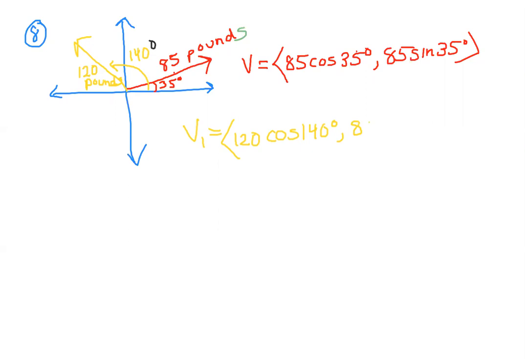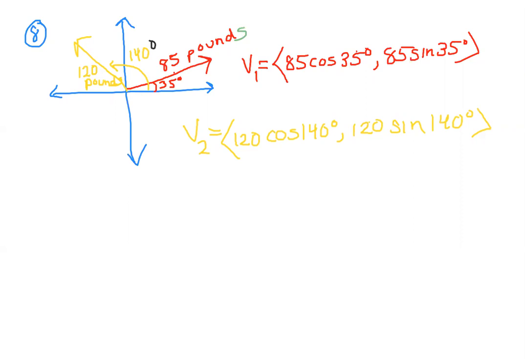Whoops, I wrote that wrong. 120 cosine of 140, 120 sine of 140. Okay, there are our two vectors. We'll call this one vector 2, and we'll call this one vector 1.